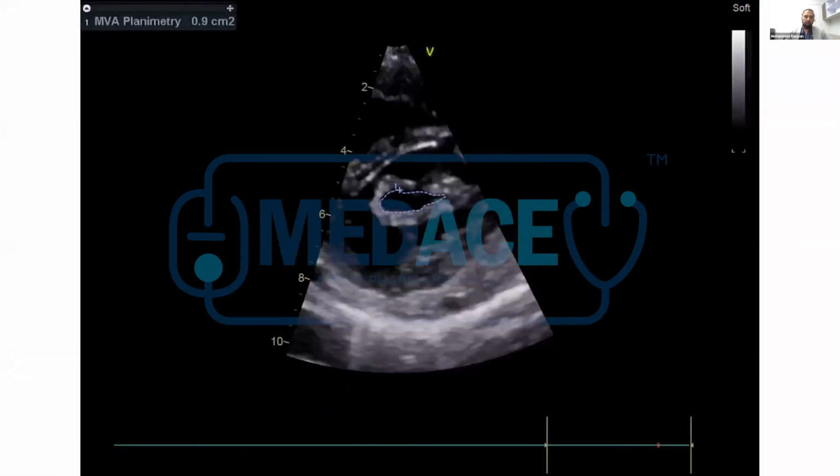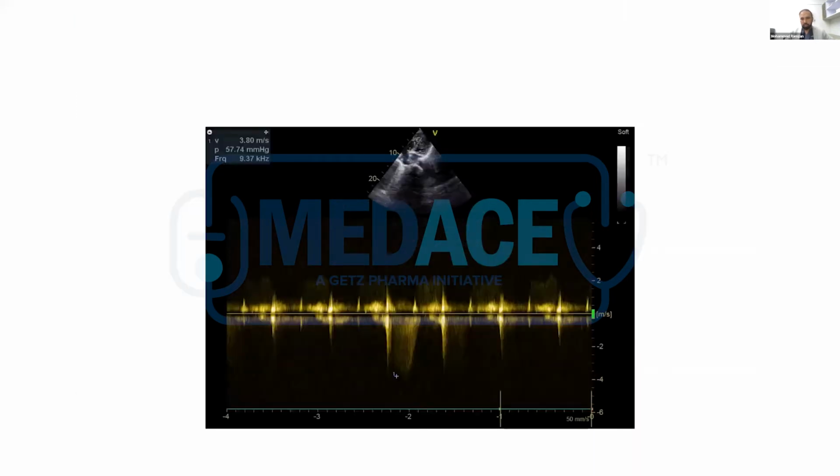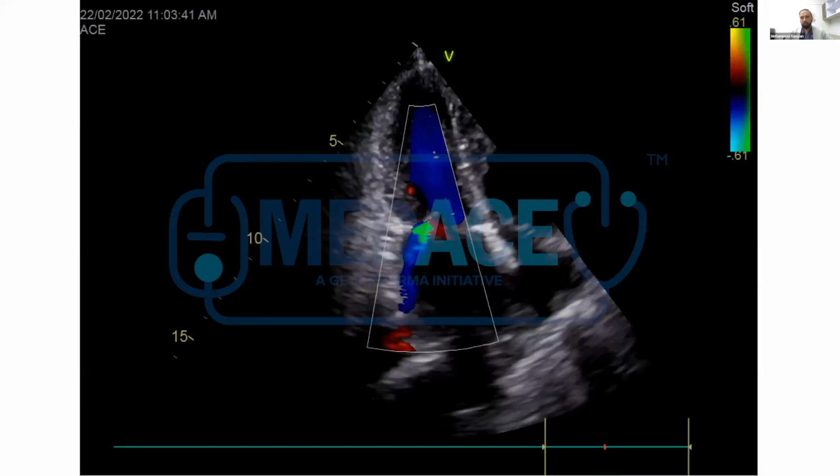We did a planimetry of the mitral valve in the short axis, and it was 0.9 centimeters squared, which clearly shows that the valve is severely stenosed. Pulmonary hypertension is moderate with a TVPG of around 57 millimeters of mercury. This is the apical two-chamber view, which shows mild eccentric MR.